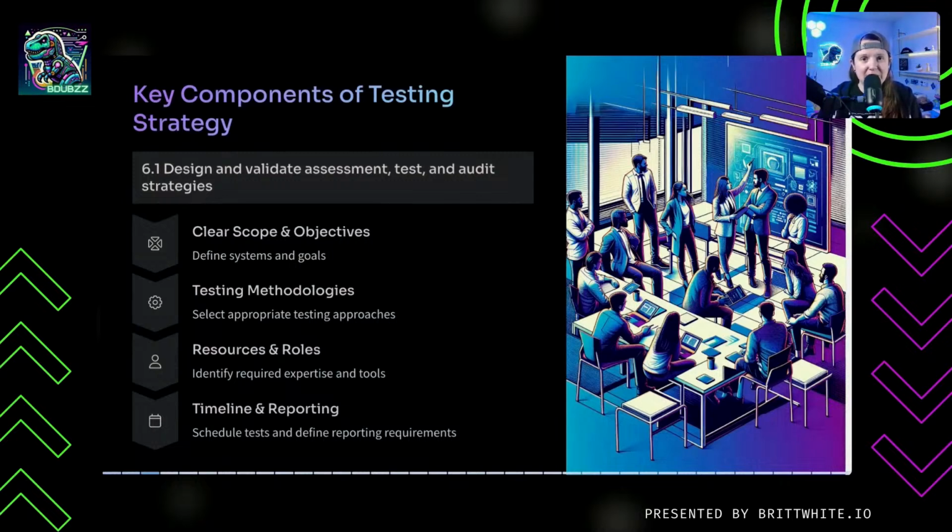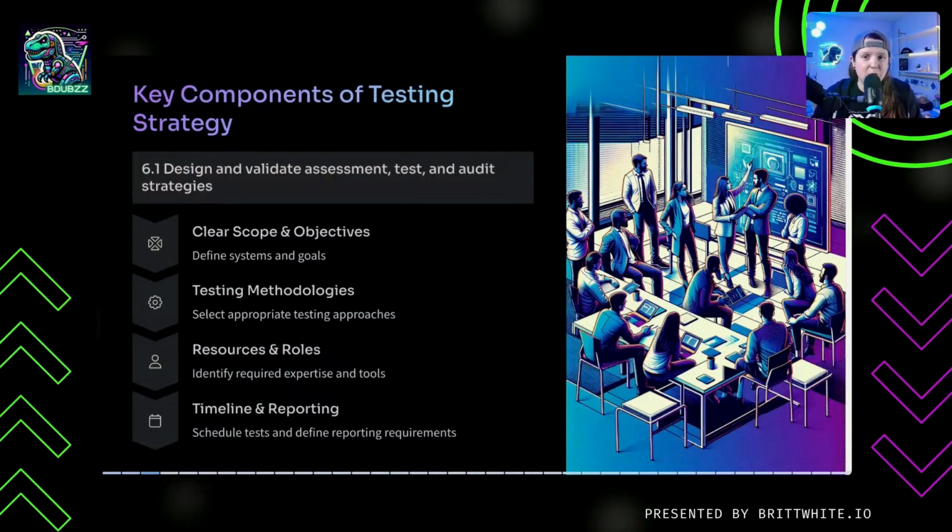Let's talk about the key components of a solid testing strategy. As security professionals, we need to be methodical in our approach. First, we need a crystal clear scope and objectives. What systems are we testing? What are our goals? Are we looking for specific vulnerabilities or conducting a broad compliance check? Next comes defining our testing methodologies.